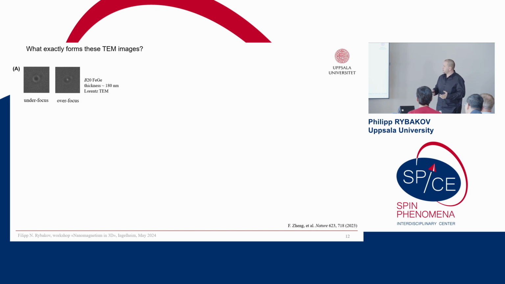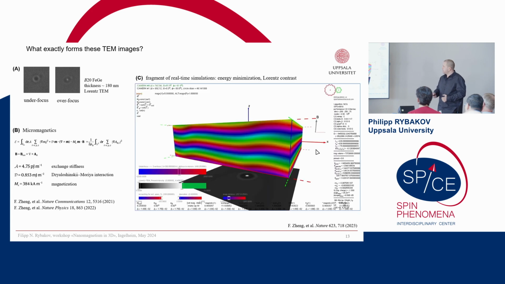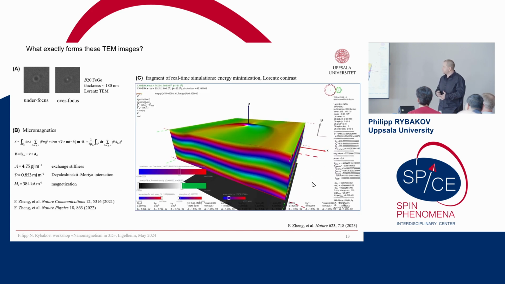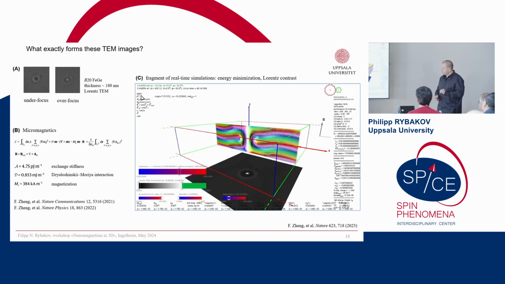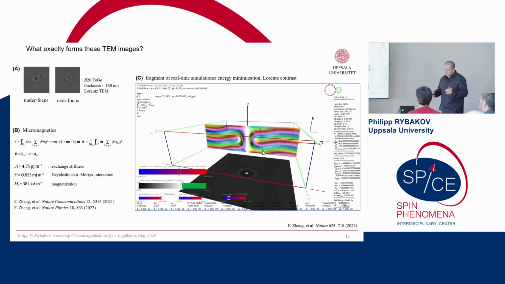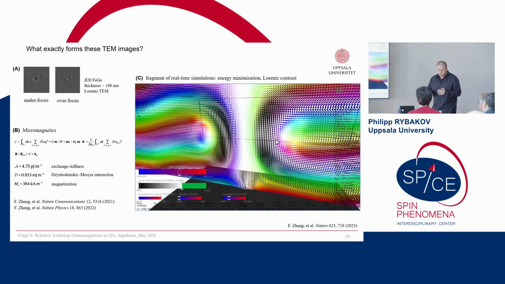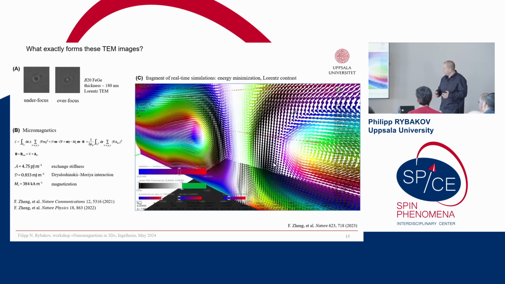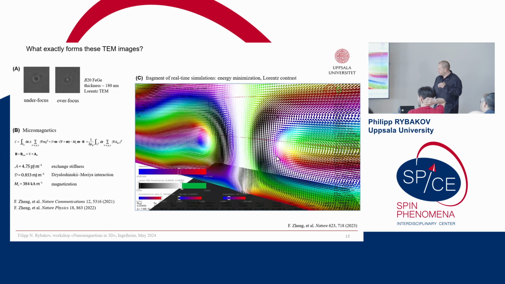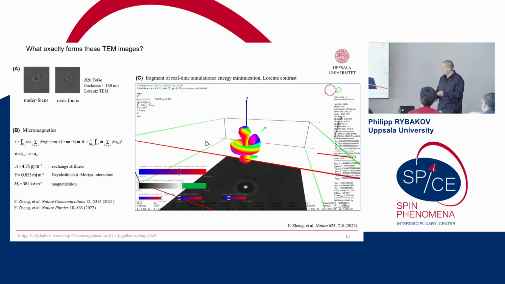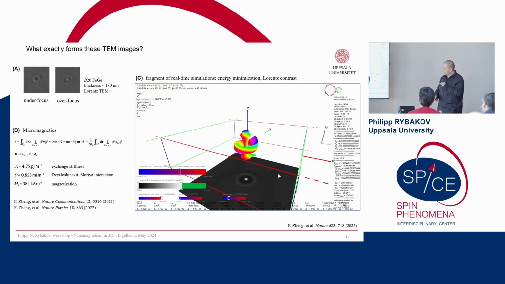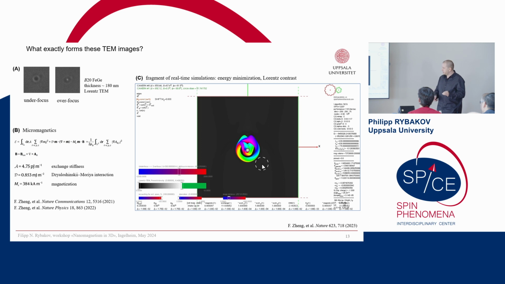Maybe it's not necessarily a hopfion, so how can we prove it? We do micromagnetics, and we do it in a very accurate fashion. We try to account for whatever nuances are possible. If the sample has a thickness of 190 nanometers, we put in exactly the same thickness. In the simulations, all the parameters are quantitative, and actually we did not fit the parameters.